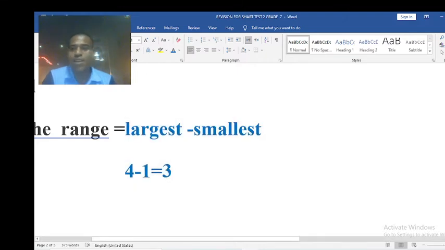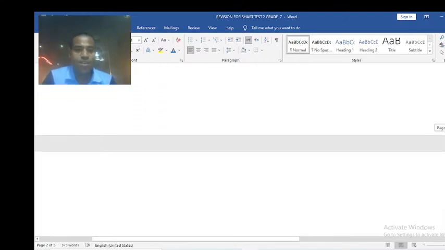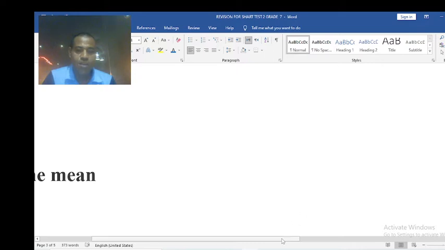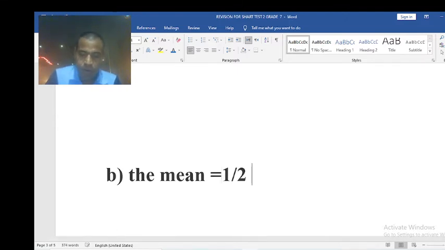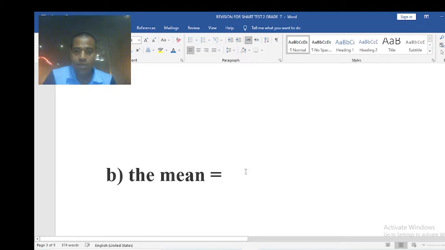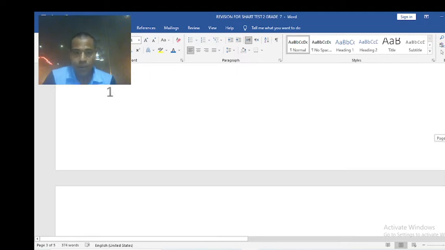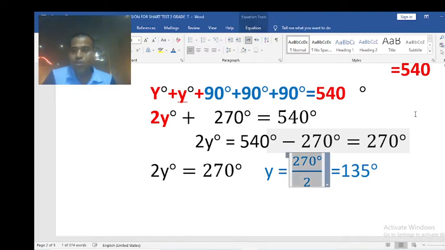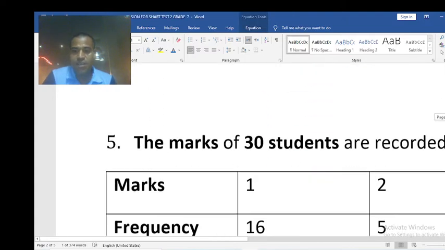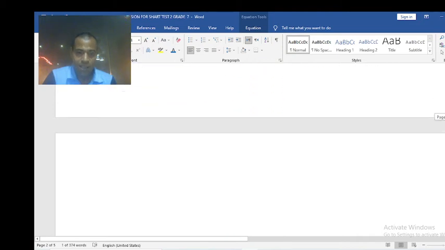Now if we move to the next question, it is dealing with the mean. You should find the mean. I will copy this and paste it here so that we can calculate the mean.